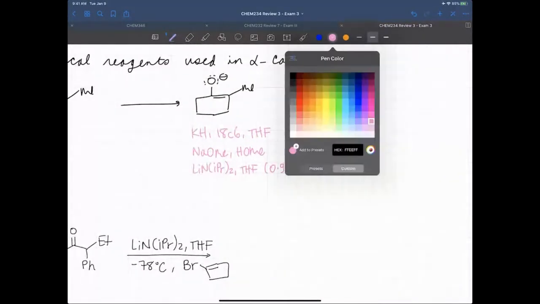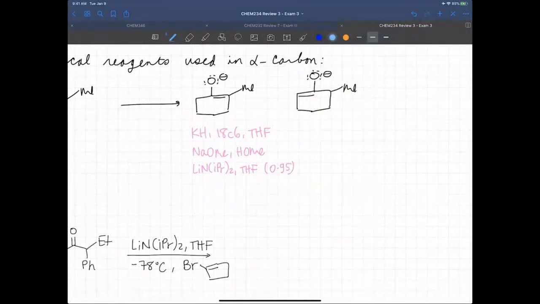So for the thermodynamic one, can you tell me what other variations you would probably see? You're going to see LDA in 1.05 equivalents? Anything else?